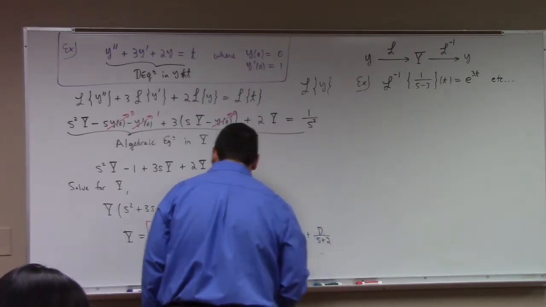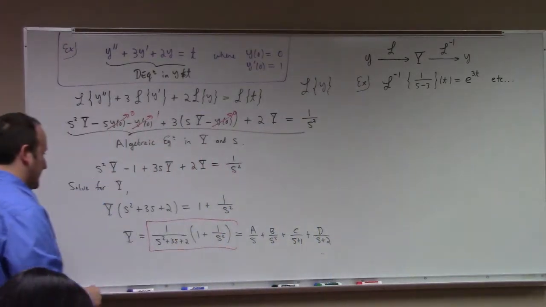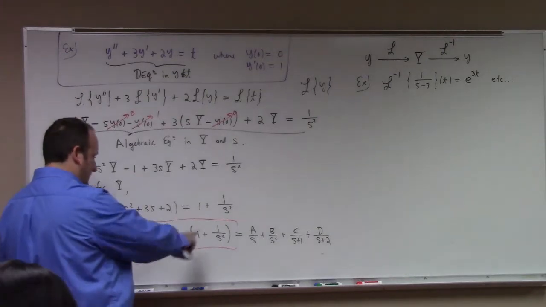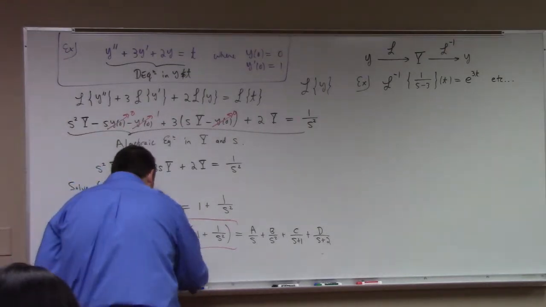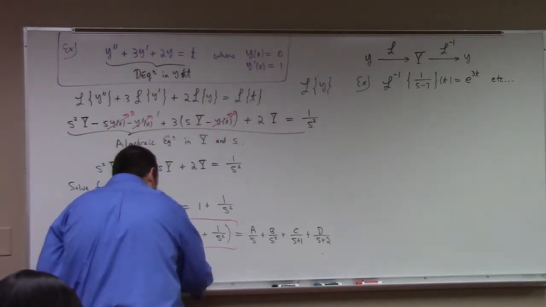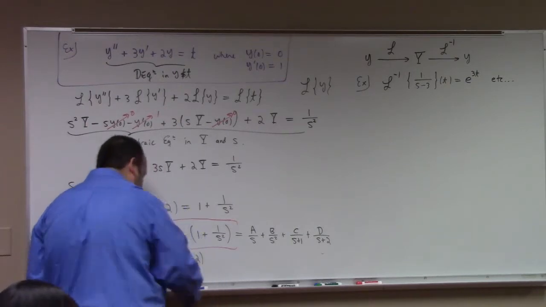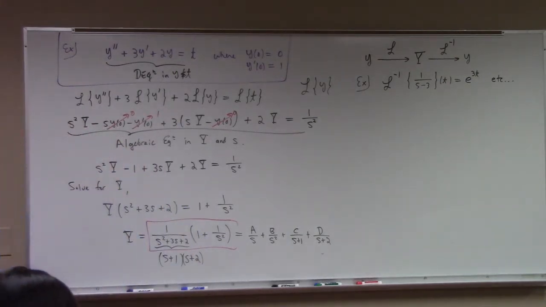This is the partial fractions decomposition of such a rational function, because after the dust settles here, this factors. This is s plus 1 times s plus 2, if you hadn't noticed. And so I'm going to be able to find a, b, c, d to decompose that function.